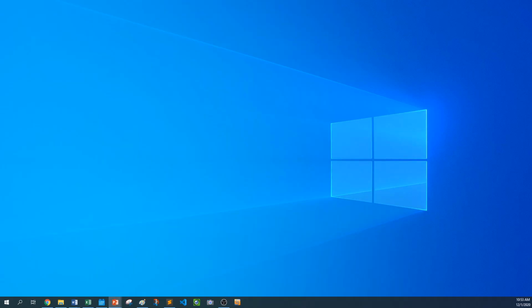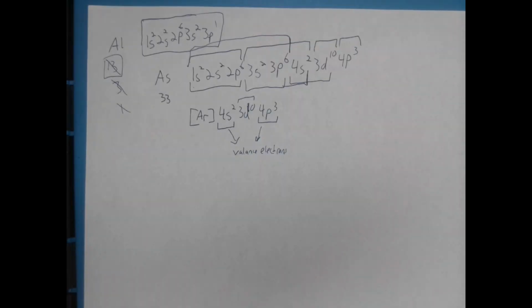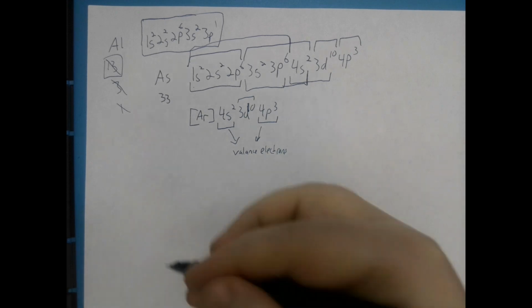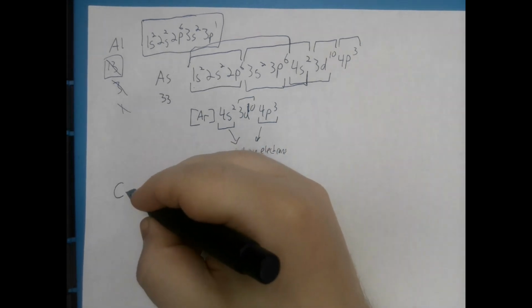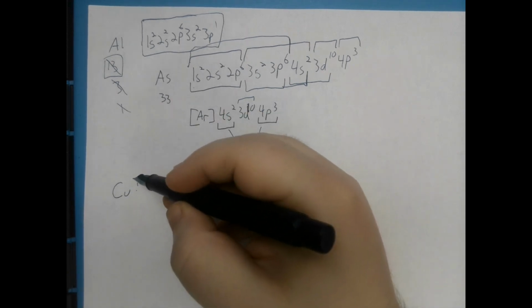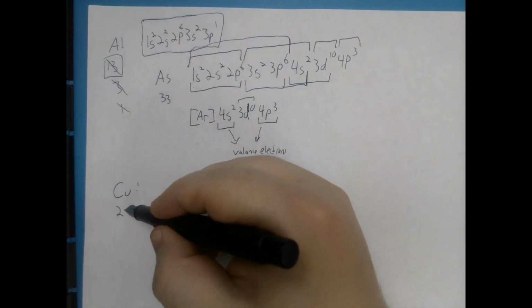So let's look up copper's actual electron configuration. Or let's work it out first using Aufbau's rule. So, copper has 29 electrons.